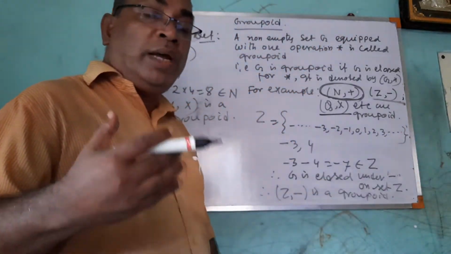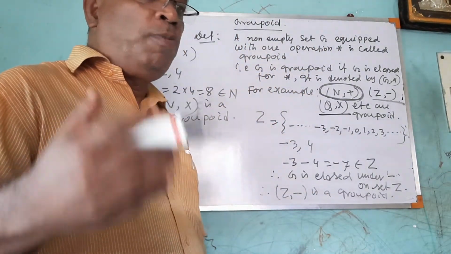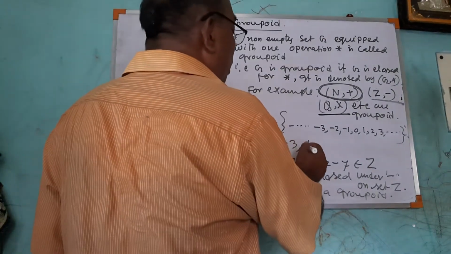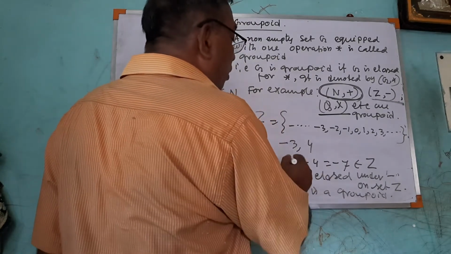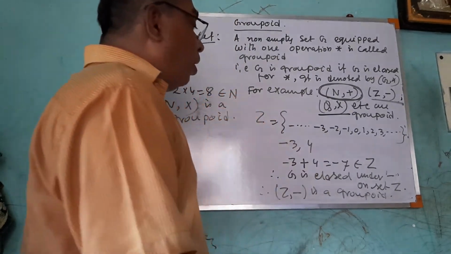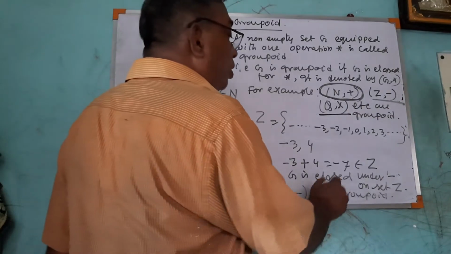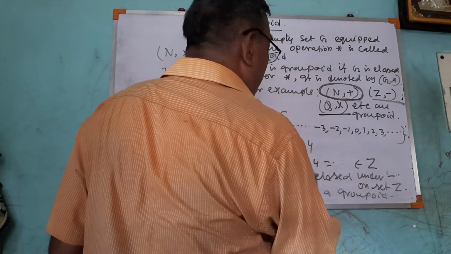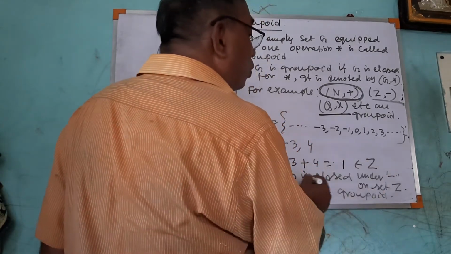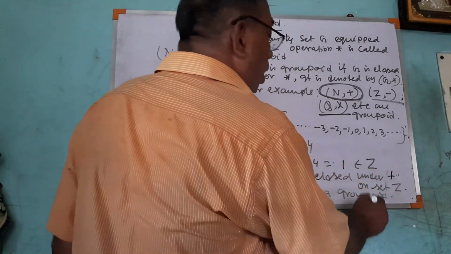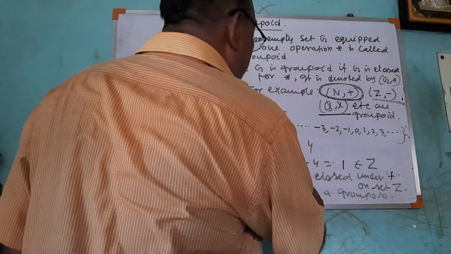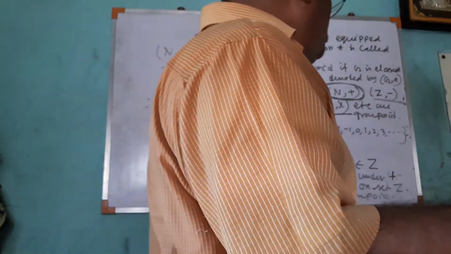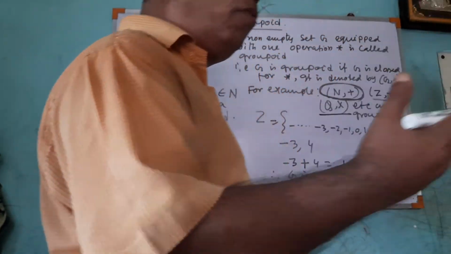Taking plus, these two numbers I am choosing from Z, that is minus 3 plus 4, that comes to 1. 1 belongs to Z. So Z is closed under plus on set Z. So Z plus is also a groupoid.